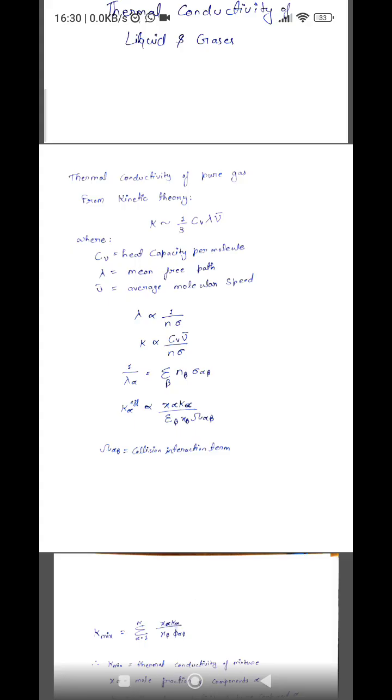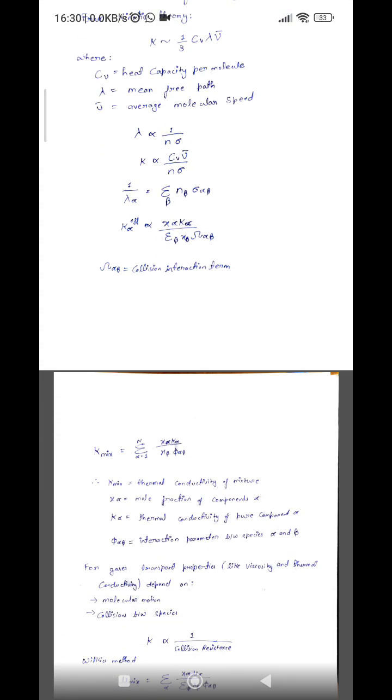As we can see, K effective for a mixture is given as the summation, alpha equal to 1 to n, of x alpha k alpha upon the summation of x beta phi alpha beta, where K mixture is the thermal conductivity of the mixture, like two components of a mixture, and x alpha is the mole fraction of the component alpha.